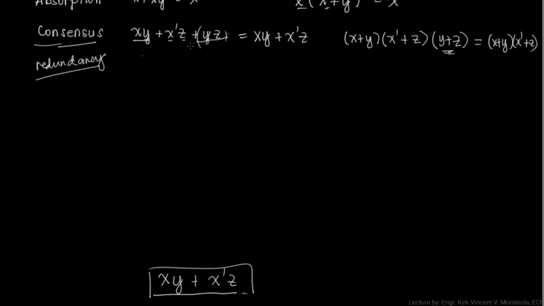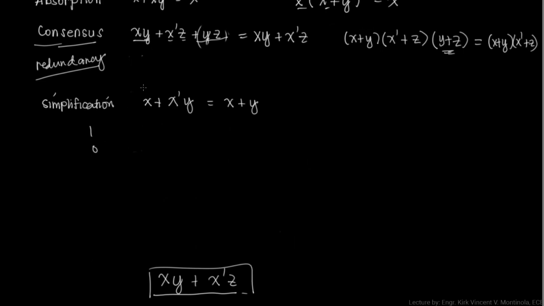And then we have a theorem called simplification. What is simplification? We have x plus x prime y. It becomes only x plus y. Why? If you notice, with x and y only, it is just 1 and 0.